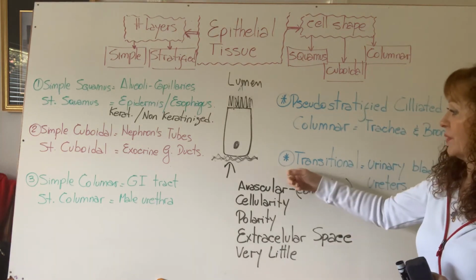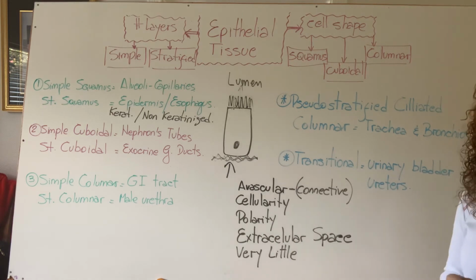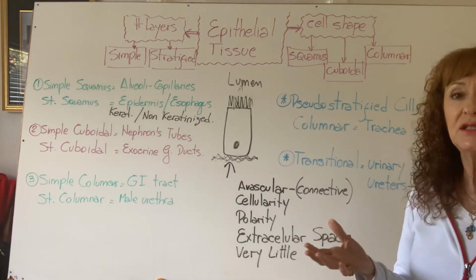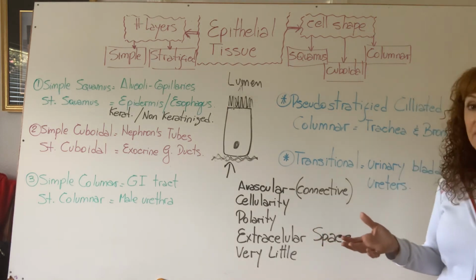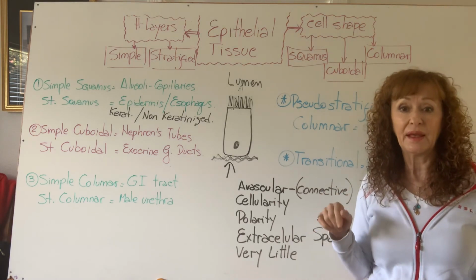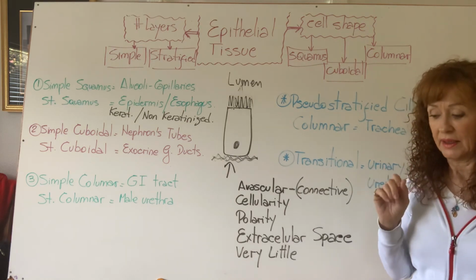The other type of epithelial tissue is the transitional. The transitional is always related to the urinary system. Why? Because it's mainly located in the urinary bladder and the ureters. Not the urethra, the ureters.